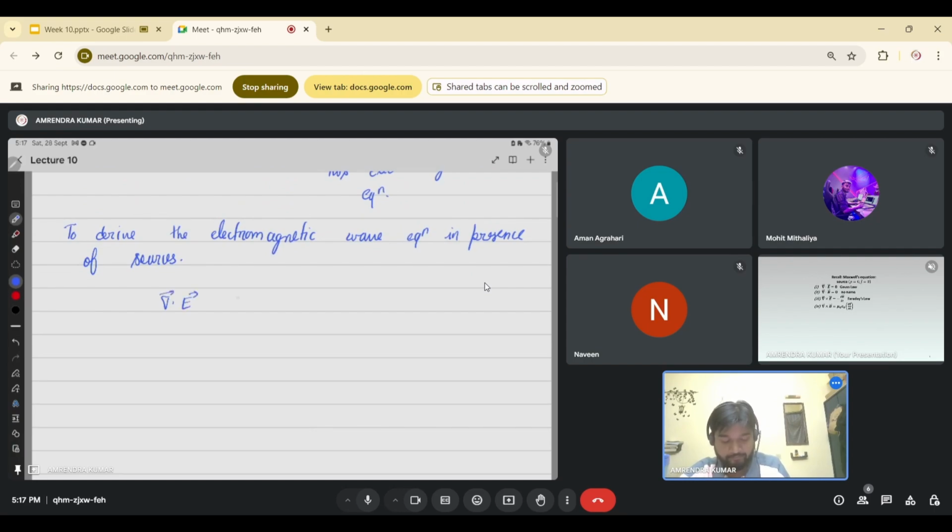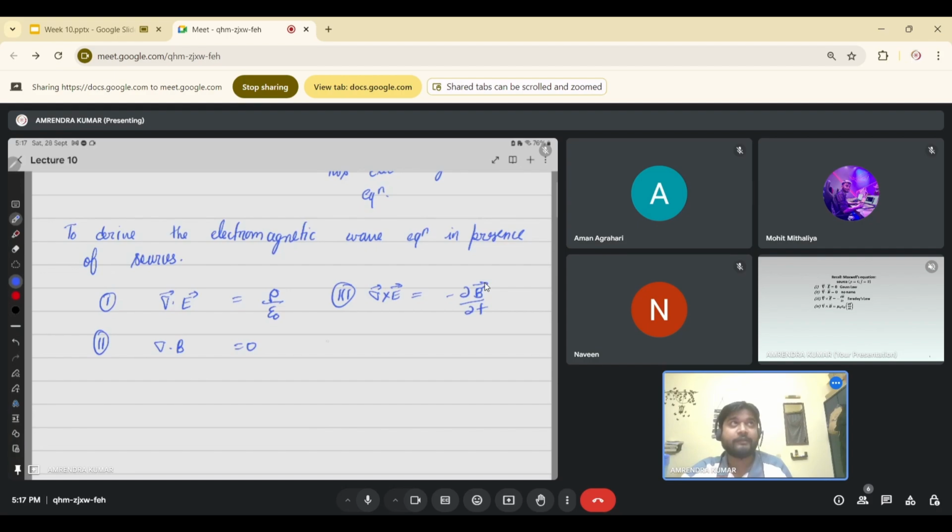Del dot E is equal to rho over epsilon naught. This is equation 1. Equation 2 is del dot B is equal to 0. Then equation 3 is del cross E is equal to minus del B over del t.